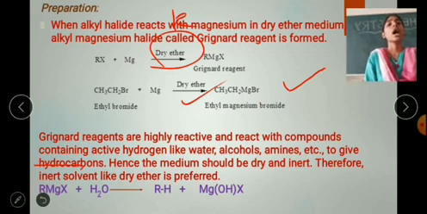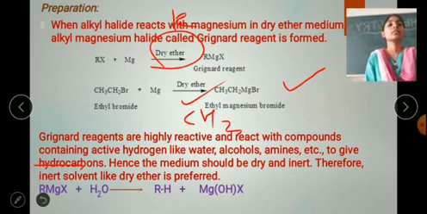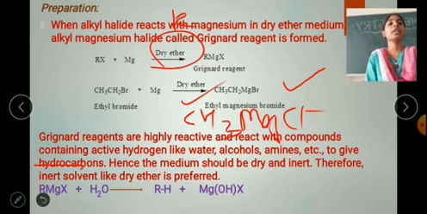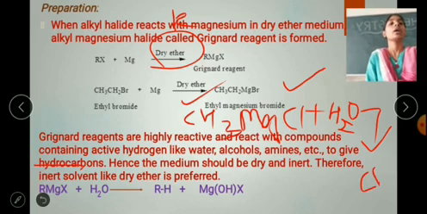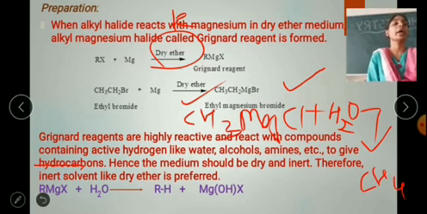See, RMgX, in case water content is present, gives RH, which is a hydrocarbon. For example, CH3MgCl, when it is in the presence of water or moisture, will form methane, along with magnesium hydroxide chloride.